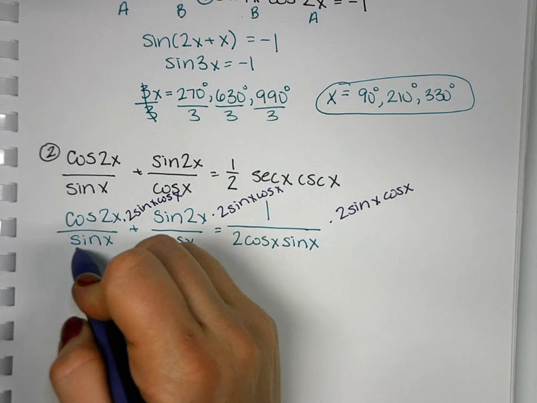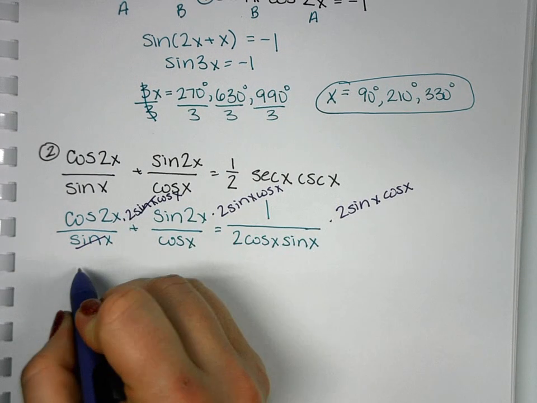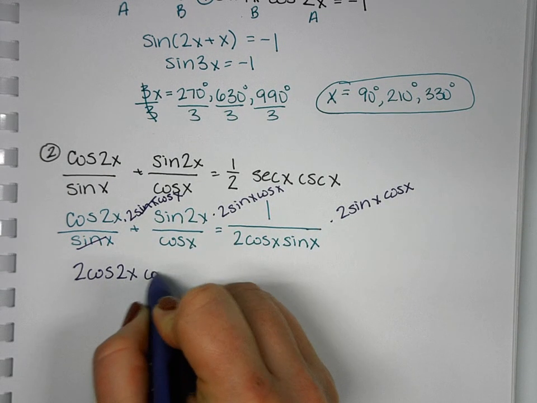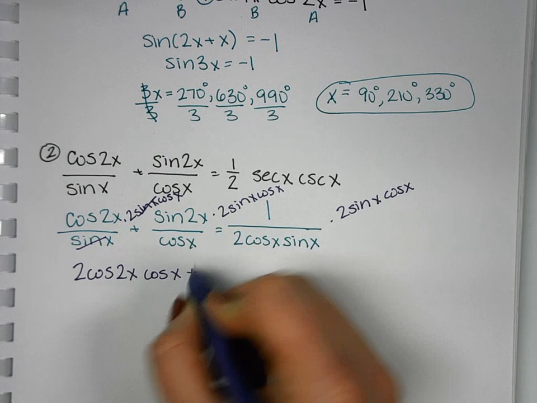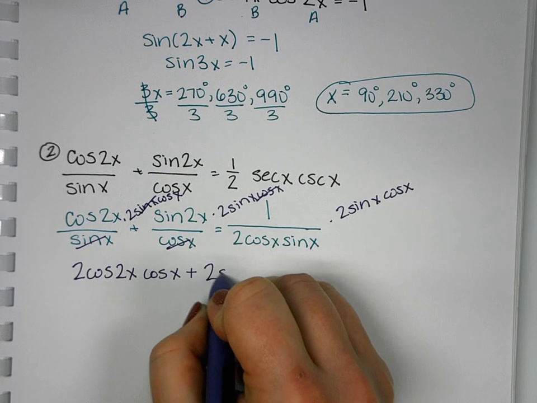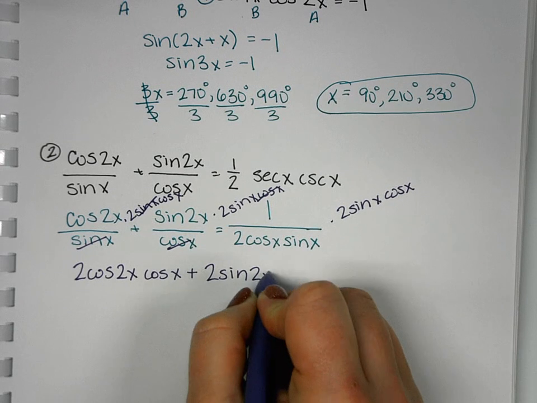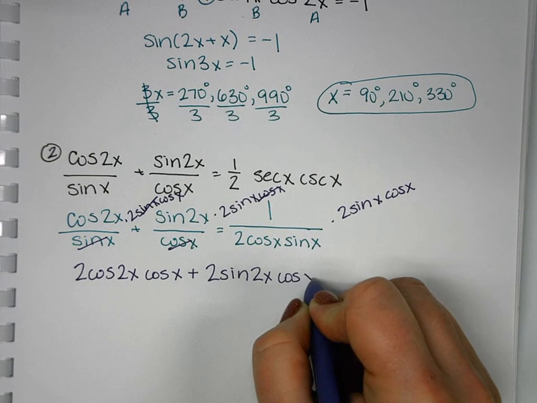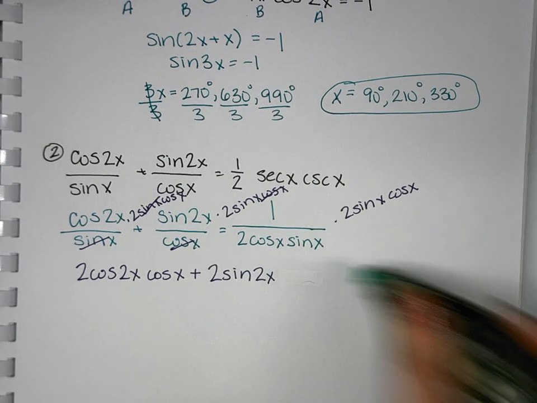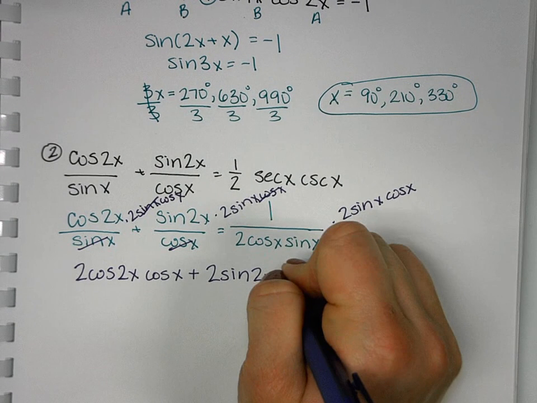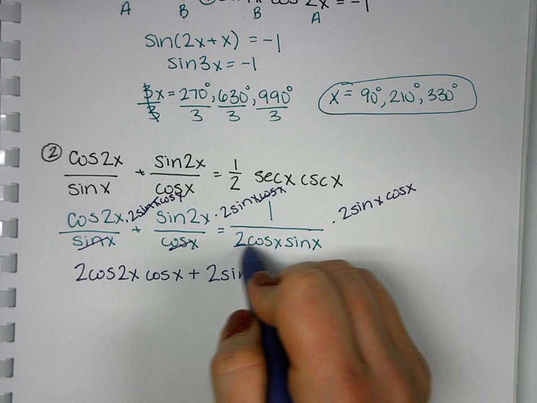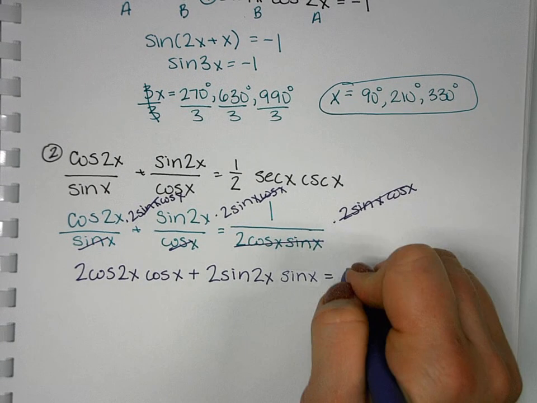So here the sine x's will cancel, leaving me with 2 cosine 2x cosine x. On the second one, the cosines cancel, leaving 2 sine 2x sine x. And then over here, the whole thing will cancel, leaving me just equal to 1.